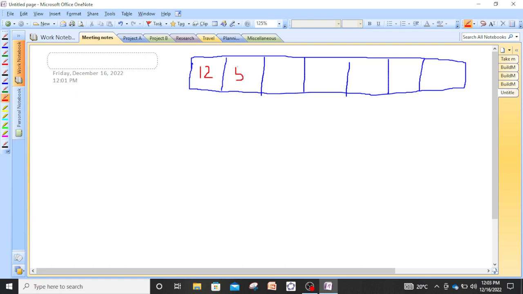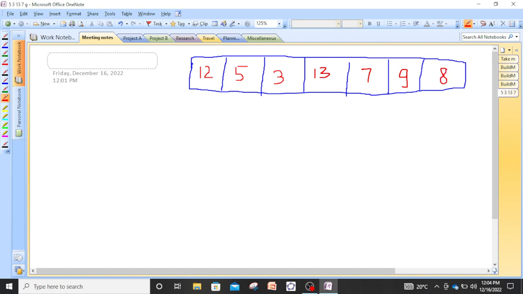You can take any 7 numbers. 3, 13, 7, 9, and the last element is suppose 8.